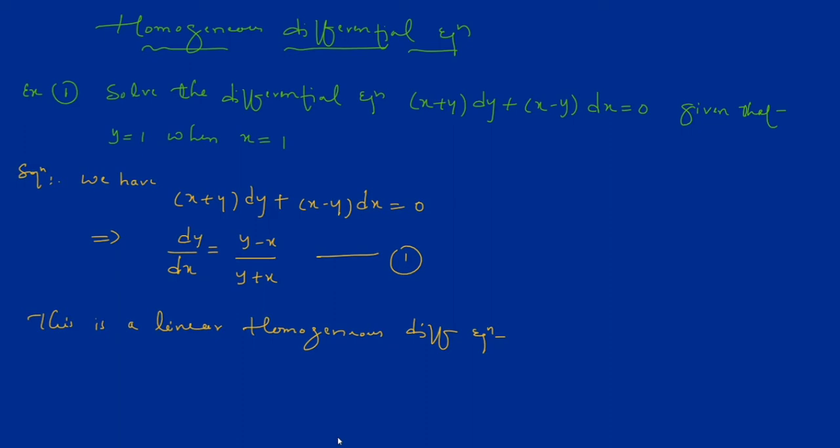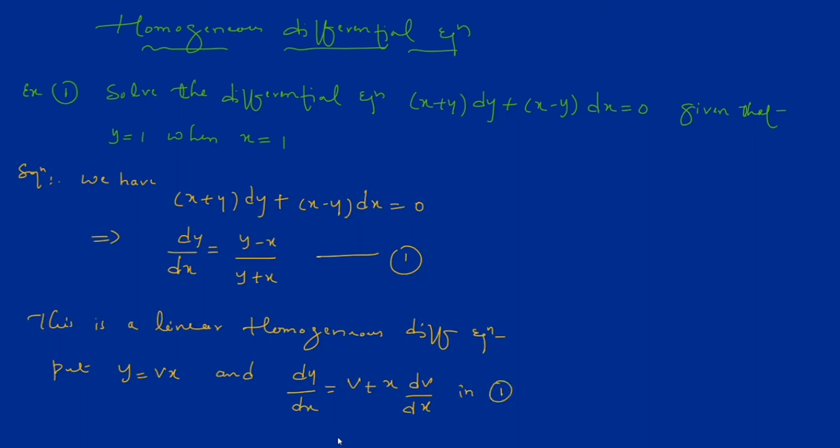Now, since it is homogeneous, put y equals v of x, and dy by dx, as you already know from the u into v form, is v plus x dv by dx.